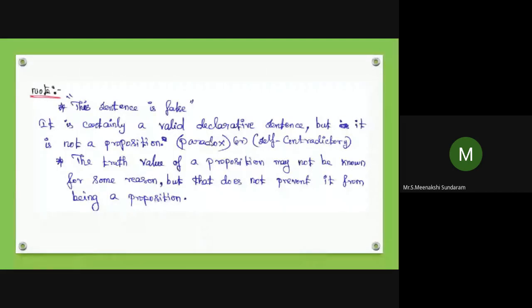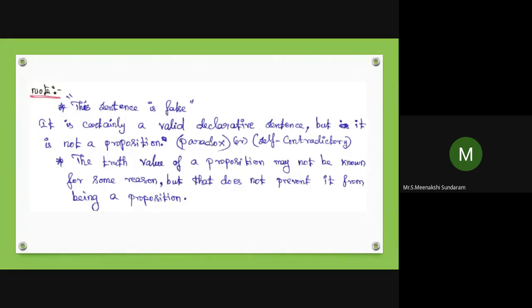We cannot control the truth value of the proposition. How can we believe the statement? The sentence is false. Which sentence is false? We don't know the previous one. The truth value of a proposition may not be known for some reasons, but that does not prevent it from being a proposition. But this one is not a proposition.